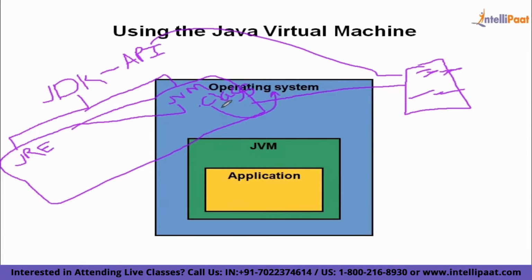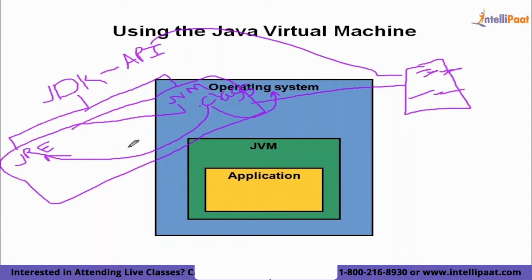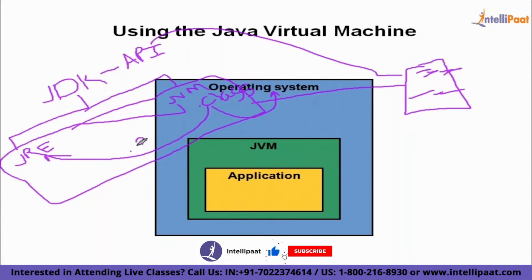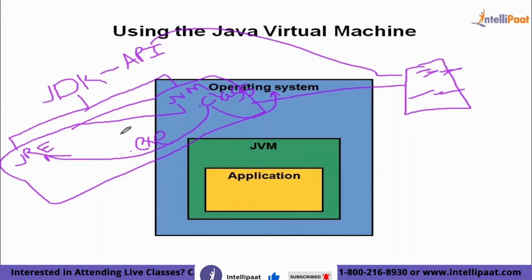So my JVM converts this .class into .exe and gives it to your Java runtime environment by converting it to binary code. So this is my bytecode and this is my binary code.